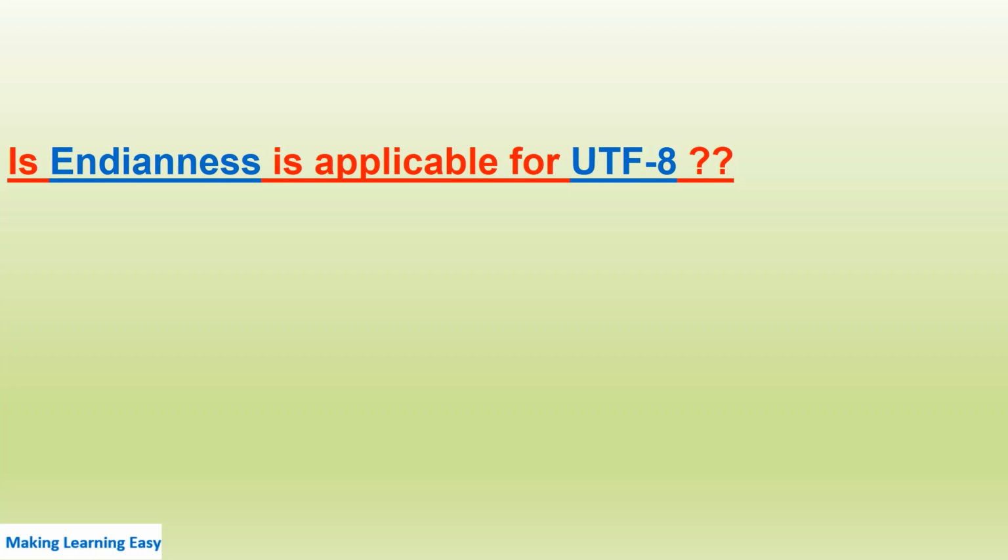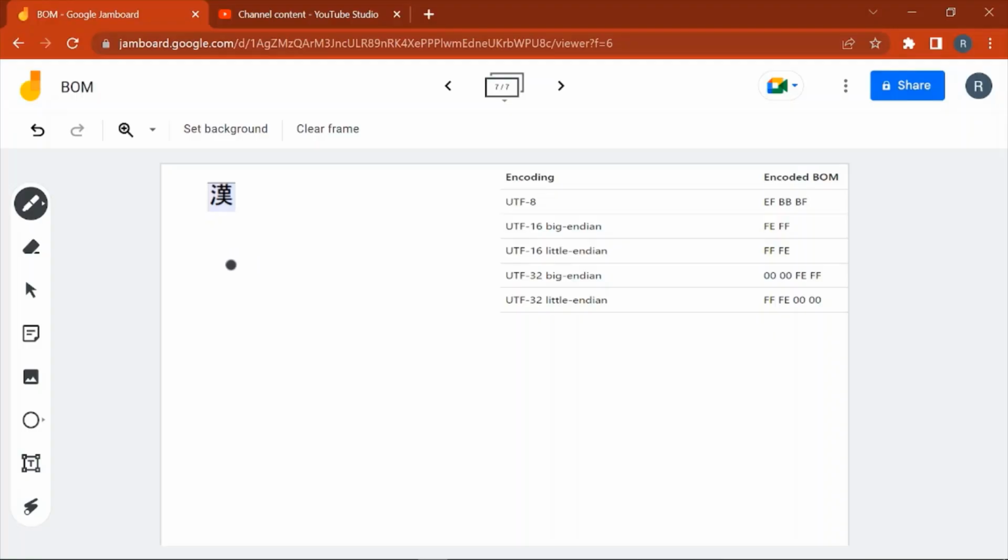Now let's see if the endianness concept, like big-endian or little-endian, is applicable for UTF-8 or not. This concept of byte order is applicable for characters which are represented with more than one byte. Like in UTF-16, we represent a particular character with 2 bytes, 16 bits. In UTF-32, we represent a particular character with 32 bits, 4 bytes.